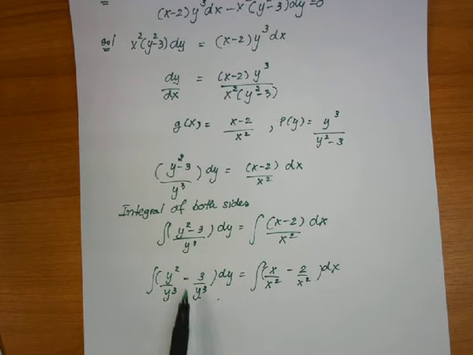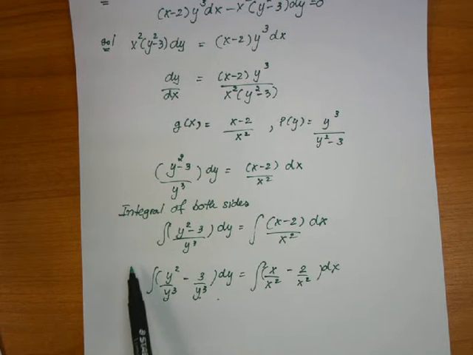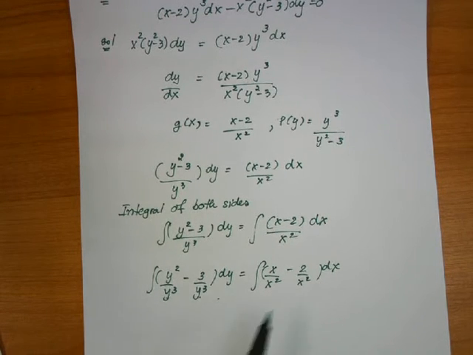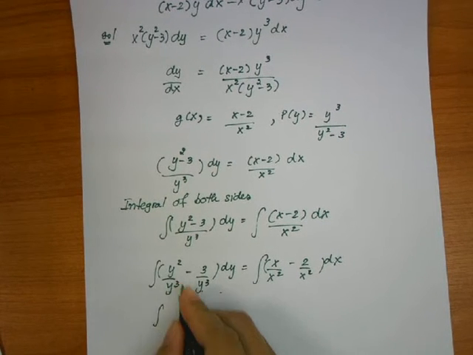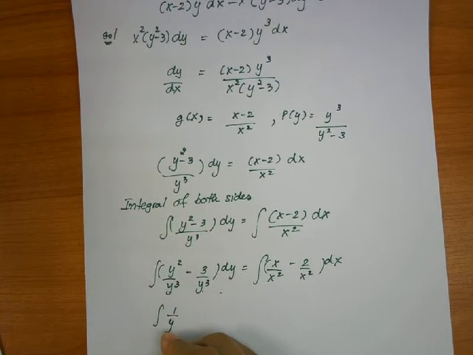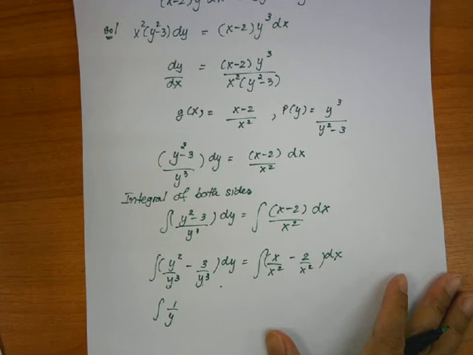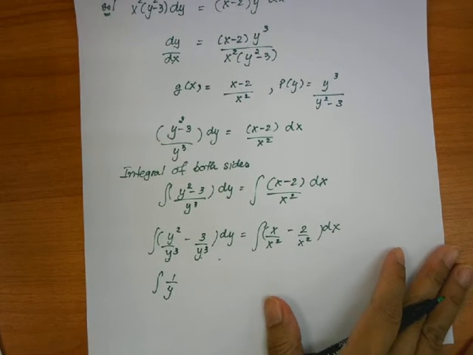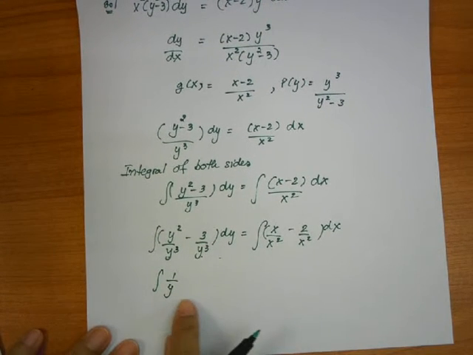So sometimes you write it this way. But if we do the integral of this one, it is hard. So the way that I do it is the reverse of that property: separate them out to be each term like this. Then we get the first term: y squared divided by y to the power 3, we get 1 over y.